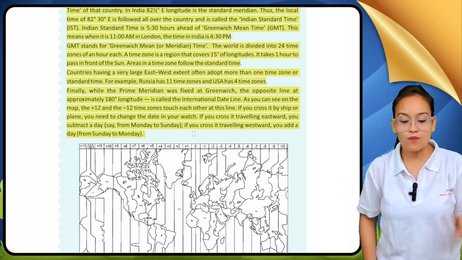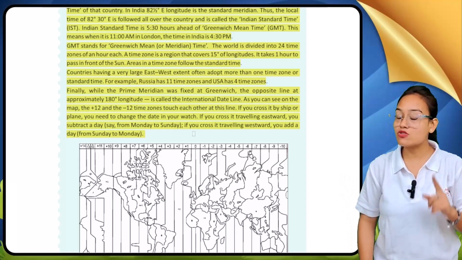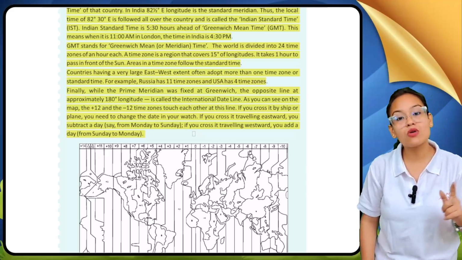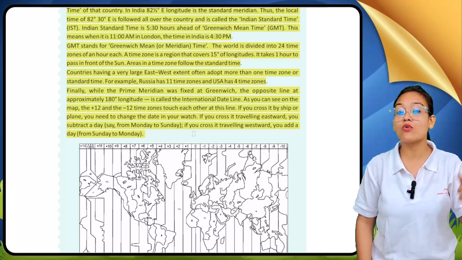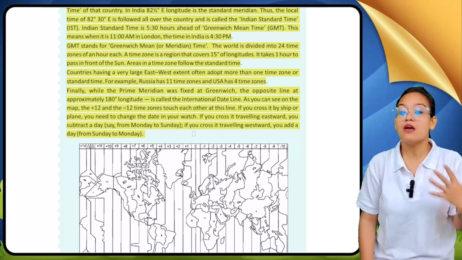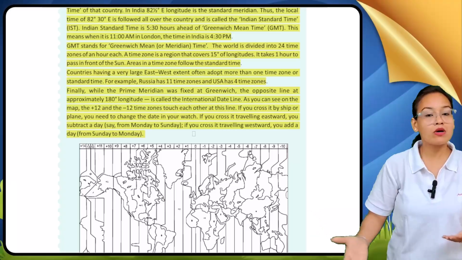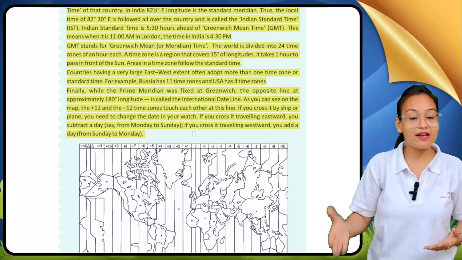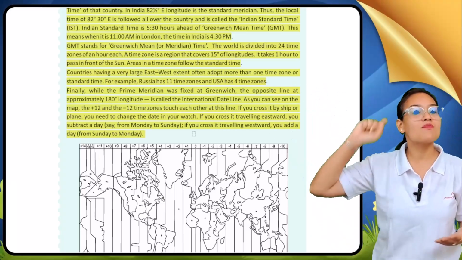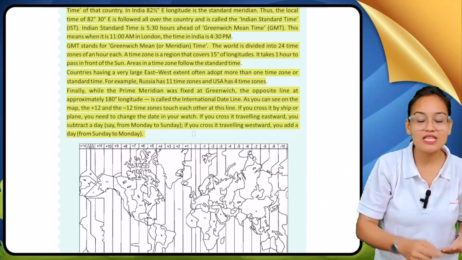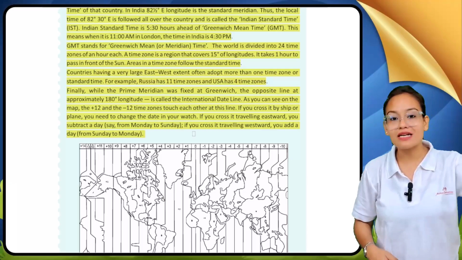Whenever you travel towards the east of the prime meridian, you subtract one day, so the calculation goes from Monday to Sunday. When you travel in the west direction, you add one extra day, so the calculation goes from Sunday to Monday.